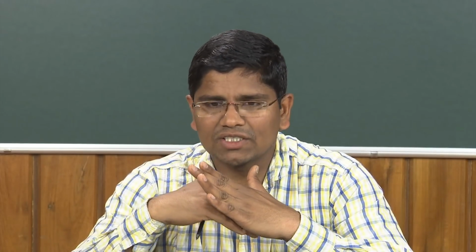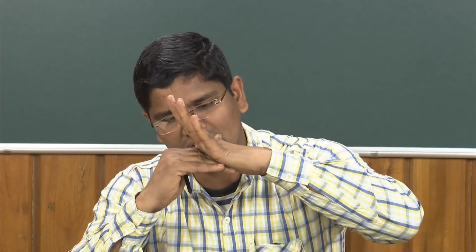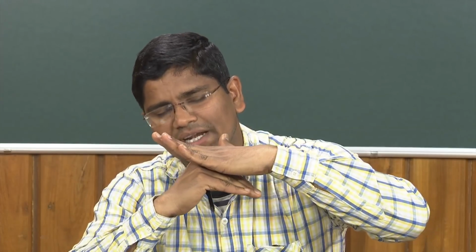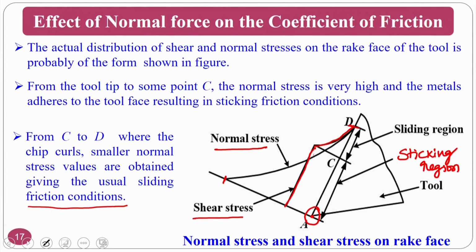There is just a slight rubbing action. Wherever the stresses are very high, sticking will take place. Where the normal stresses are low, sliding action will take place. That is what this normal stress and shear stress distribution wants to tell.